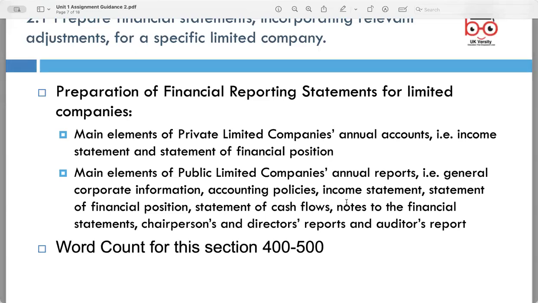Notes to the financial statements: additional information to supplement the primary statements. Then the chairperson and directors' report: a summary and analysis from top management. And then finally, the auditor's report, which is the independent auditor's opinion on the financial statements.